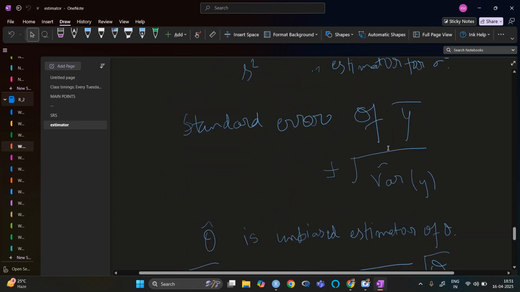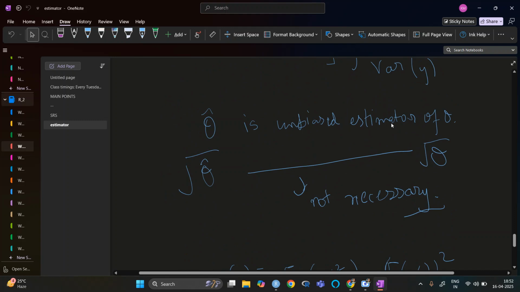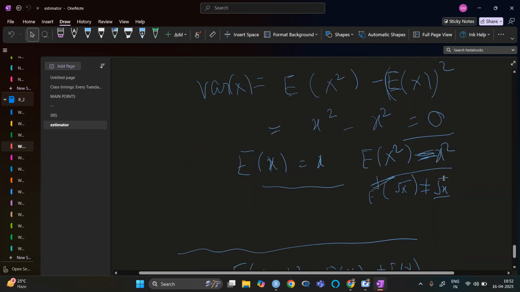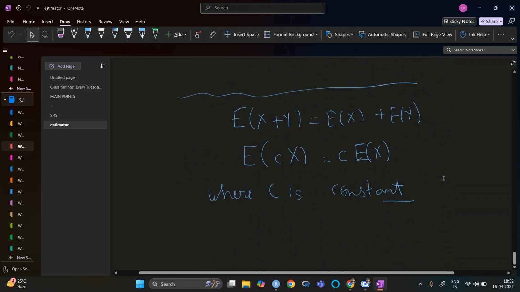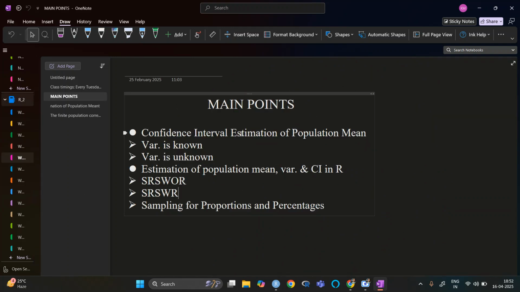The standard error can be given by this. If theta cap is the unbiased estimator of theta, it is not necessary that its square root is an unbiased estimator of the square root of theta. Okay, so this was regarding the basic estimation.